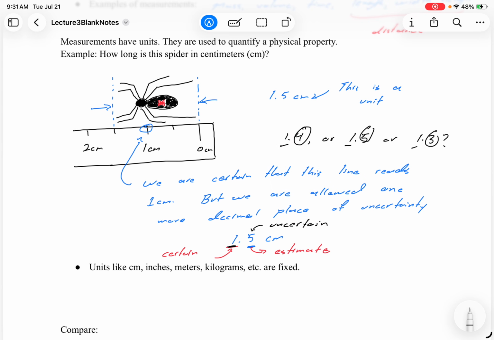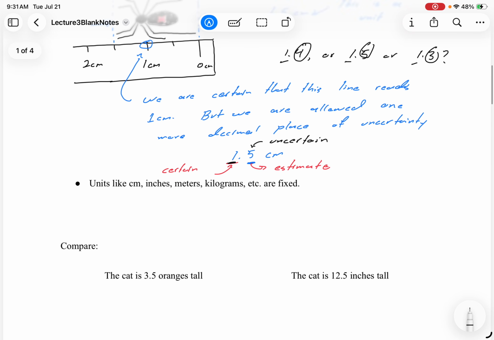We'll see later on a different ruler that will let us estimate another digit right here, so we can actually write 3 digits instead of 1. But we'll see that later. If it's not clear, just ask me and I'll hopefully be able to clarify some stuff. So let us move on.